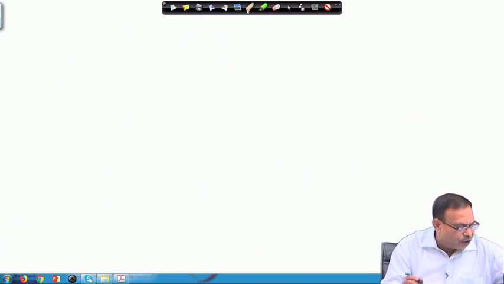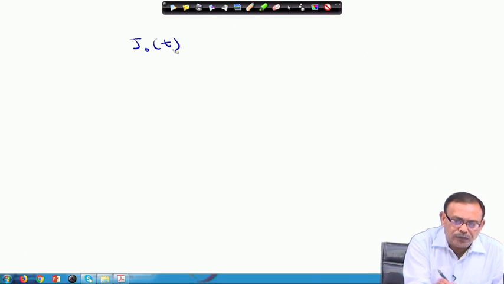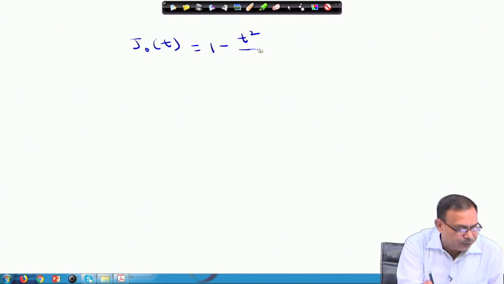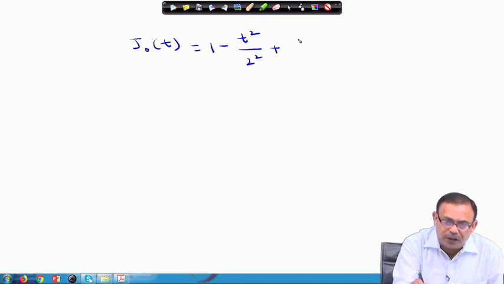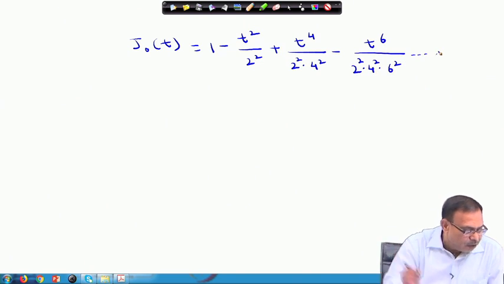The first one is, as I told you, J0(t) is nothing but 1 minus t square by 2 square, I have written it, plus t to the power 4 by 2 square into 4 square, minus t to the power 6 by 2 square, 4 square into 6 square, and like that it will continue.